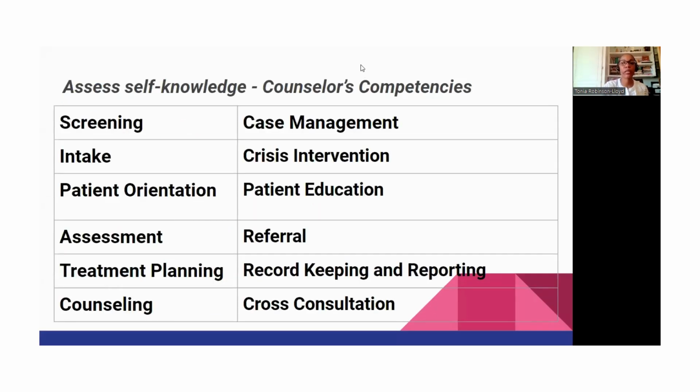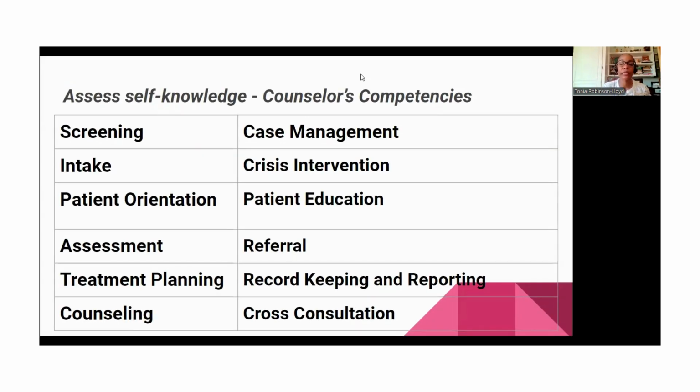So for licensed drug and alcohol counselors, we have 12 competencies that include screening. We screen the clients just when they make that first telephone call. We have a screening process to help guide if we're even a right fit, right? The clients and the organization is a right fit.